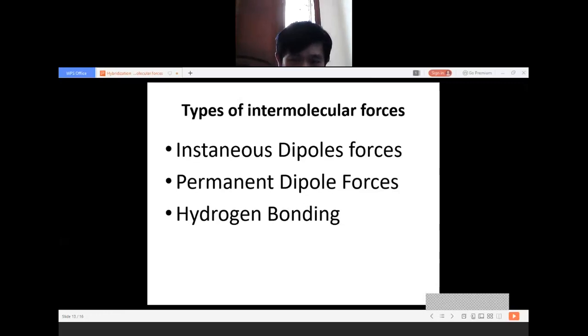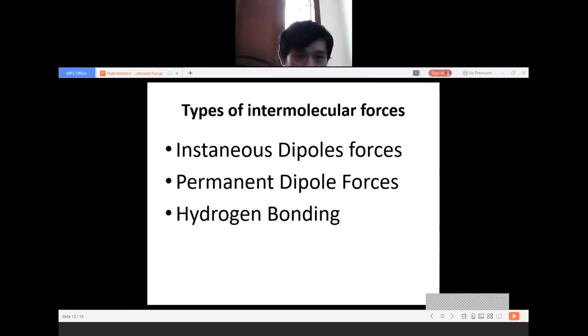But permanent dipole forces will be different. Permanent dipole forces, they would have the positive and negative forever. But the difference with hydrogen bonding, the electronegativity difference in permanent dipole is not huge compared to hydrogen bonding and compared to ionic bonding.